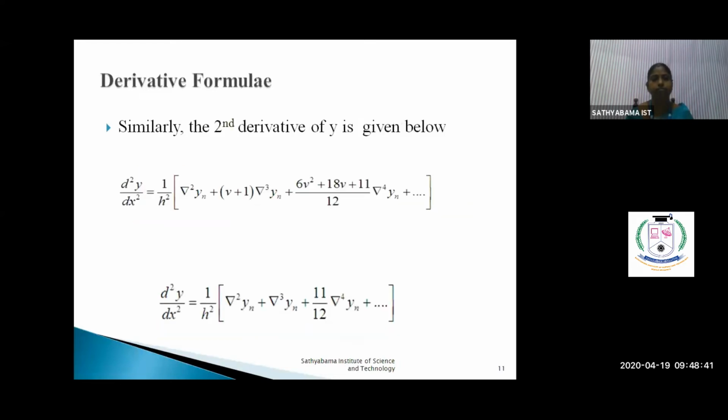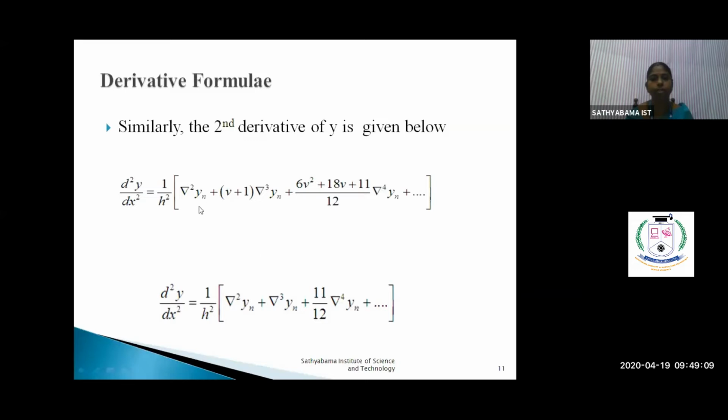The same way, I can find the second order derivative. The derivative formula is given here: d square y by dx square equal to 1 by h square [del square yn plus (v plus 1) del cube yn plus (6v square plus 18v plus 11) by 12 del power 4 yn plus etc.]